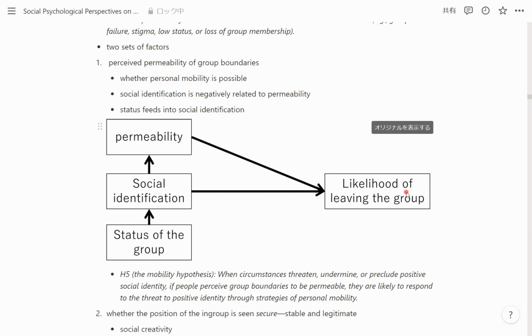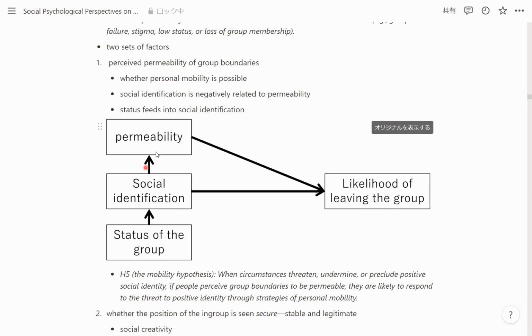I guess you could think about some sport fan, like when their favorite team is losing, then they feel that the status of the fan group is low, because those who are cheering the losing team, that status is maybe looked at as low. And then because the status is seen as low, they will weakly identify with their sports team.